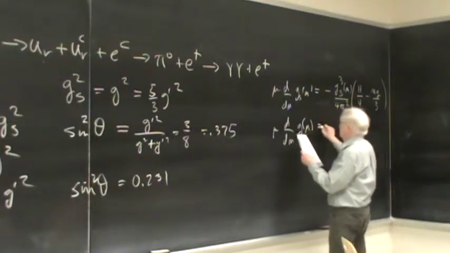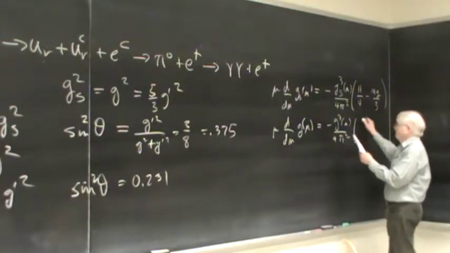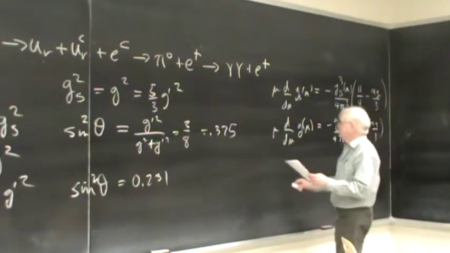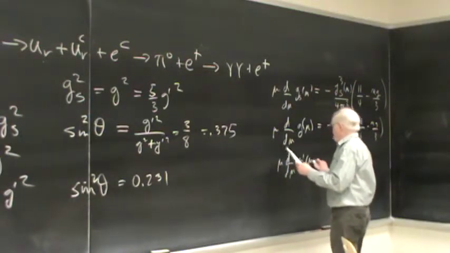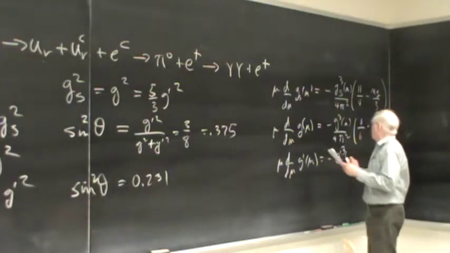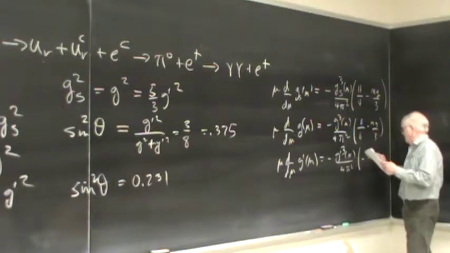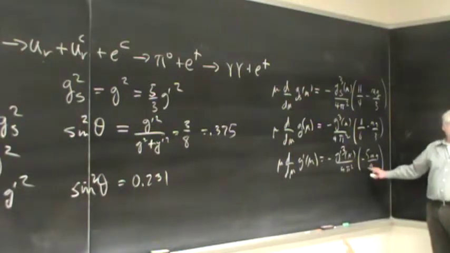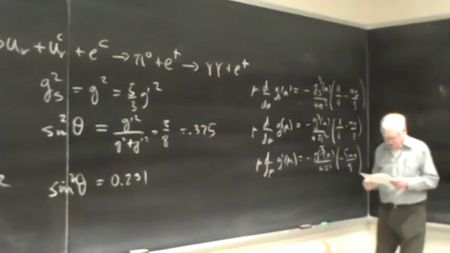The SU2 one is then minus G cubed of mu over 4 pi squared, 11 over 6 minus the number of generations over 3, and then mu d/d mu of g prime of mu is minus g prime cubed of mu over 4 pi squared, and now this thing is minus 5 times the number of generations over 9. Notice that this one is growing. That's the fact we saw when we did the running coupling constants, that the U1 case grew, but the others tended to decrease as the energy goes up.